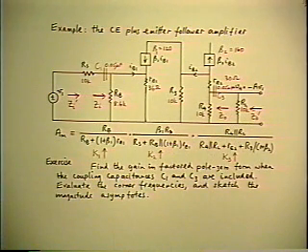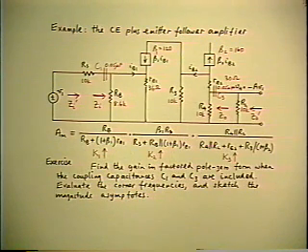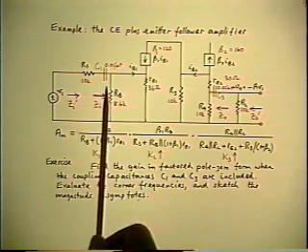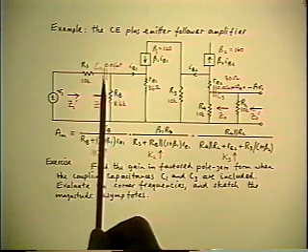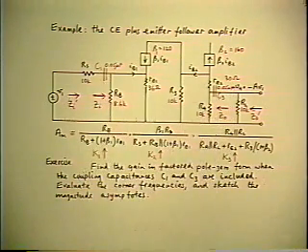Why was it easy to do that? Yeah, they don't interact. That's why it was easy. In other words, the driving point resistances seen by each element were independent of whether the other element was there or not.